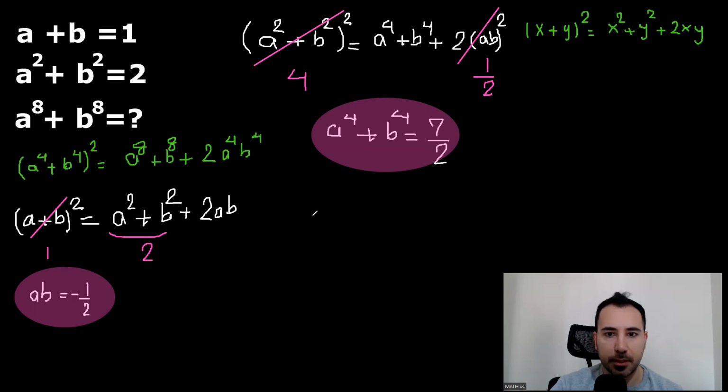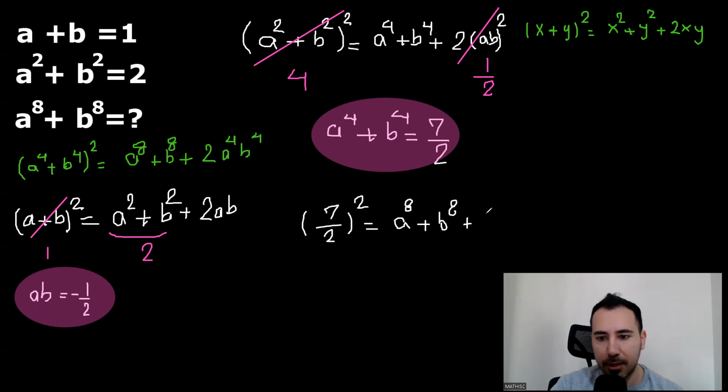So (a to the 4th plus b to the 4th), which was 7/2, squared, equals a to the 8th power plus b to the 8th power. This is what the question wants. Plus, remember that this time I'm going to write it like this: 2 (ab) to the 4th power.